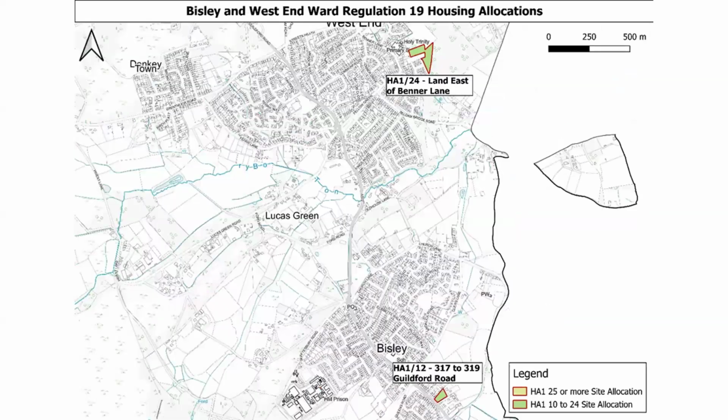Moving on to the next slide, there is the site allocations for the Bisley and West End ward. This includes 317 to 319 Guildford Road for 17 units, which is just south of Bisley, and land east of Benner Lane, which is located in West End and is allocated for 16 units.